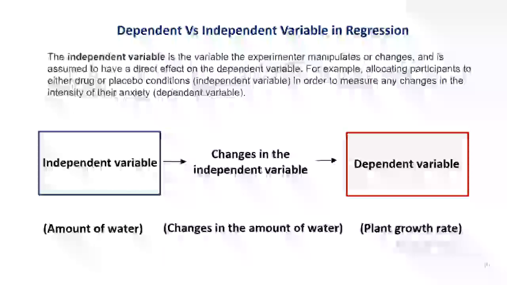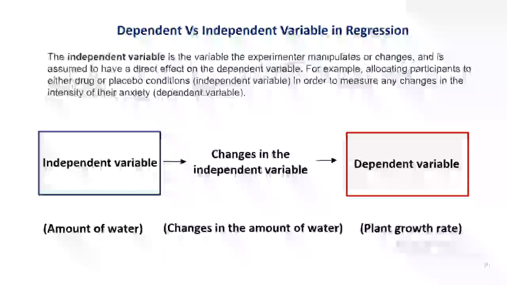If I explain it here, the amount of water you are giving to the plant is the independent variable, and the growth rate is the dependent variable. Once you change the amount of water, let's say you are giving 2 liters of water to plant X, and each month you capture the plant growth.